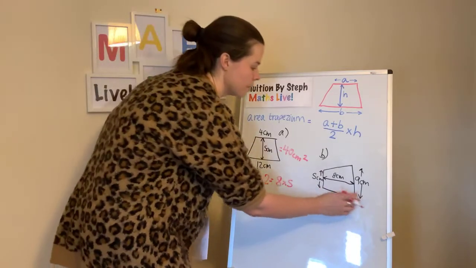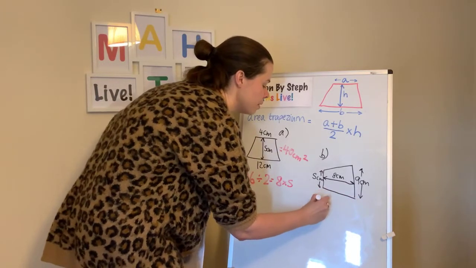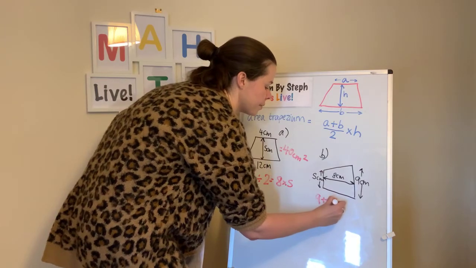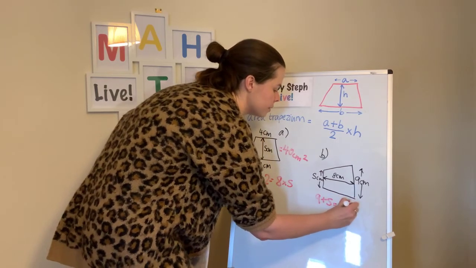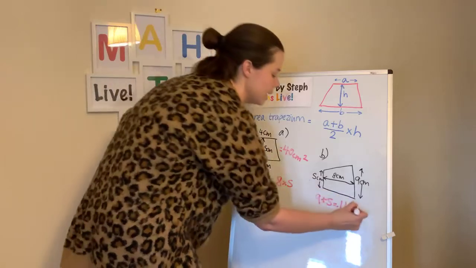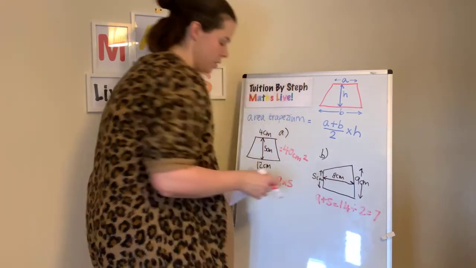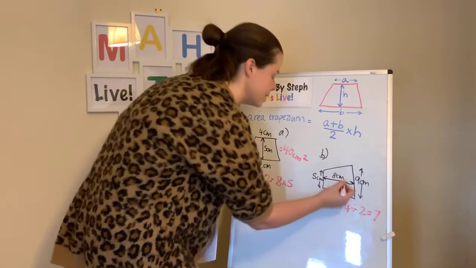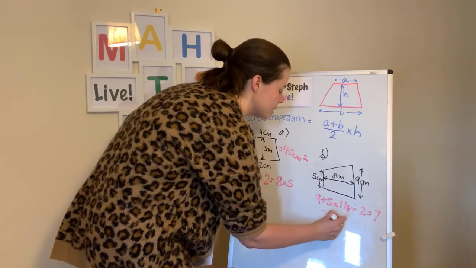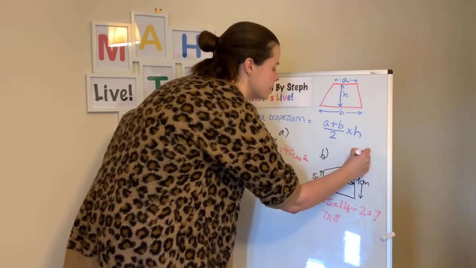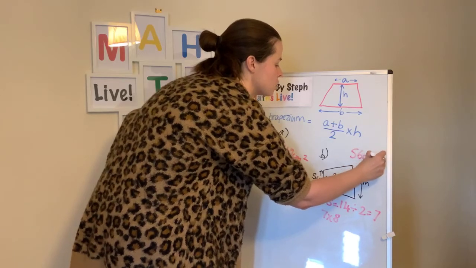And for the next one, 9 plus 5 is 14. Okay, 14 divided by 2 is 7. And then 7 times 8 is 56 centimetres squared.